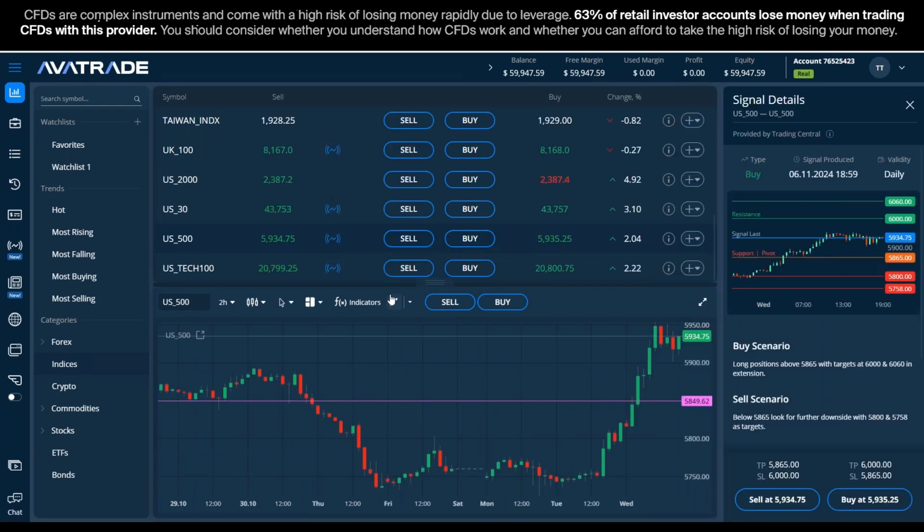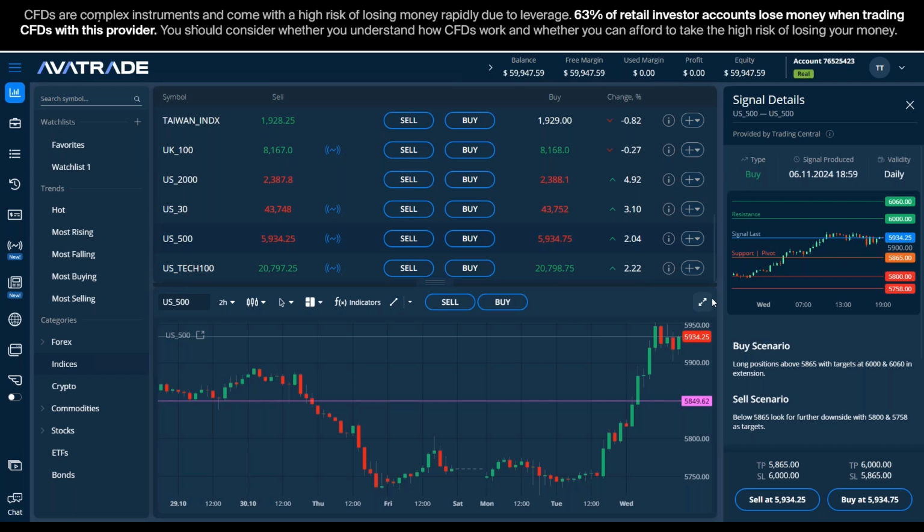If you're new, this symbol means there's a signal from Trading Central, and we can look at the technical analysis breakdown. And indeed, it looks like the expectation is this will go up to a new all-time high before, I believe, potentially losing some momentum as we get towards the rate decision tomorrow.